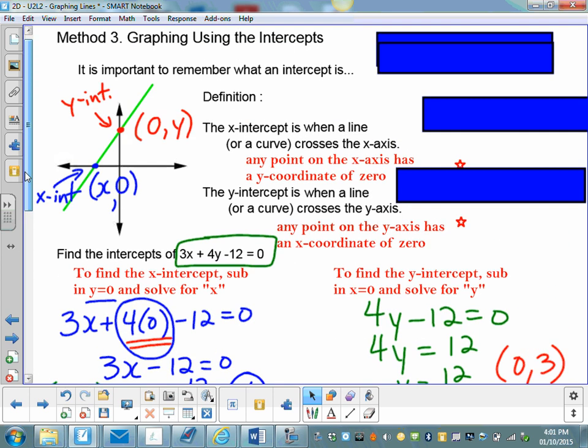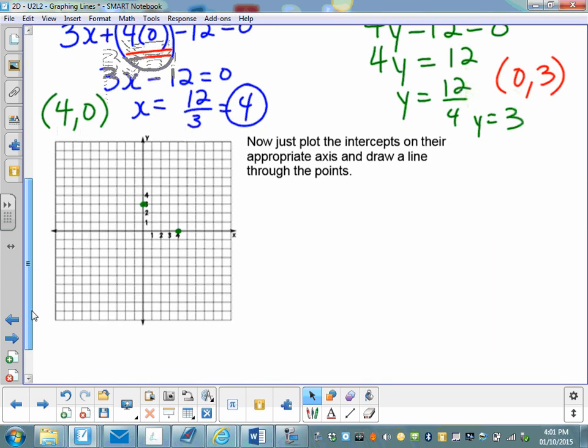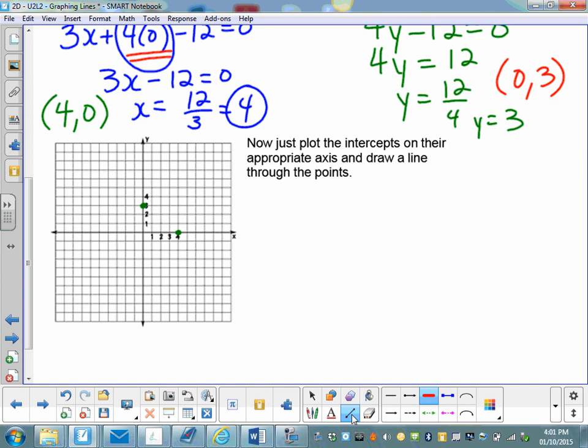I'll put a line in here. Alright, so I draw my line. Just make sure that looks pretty good. It's going through the proper points.